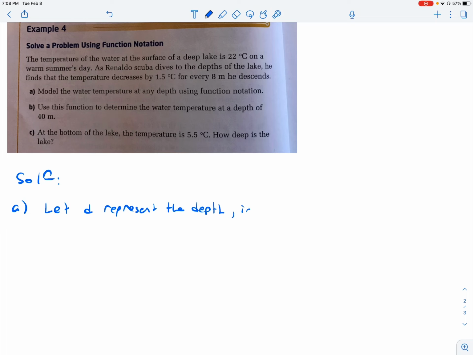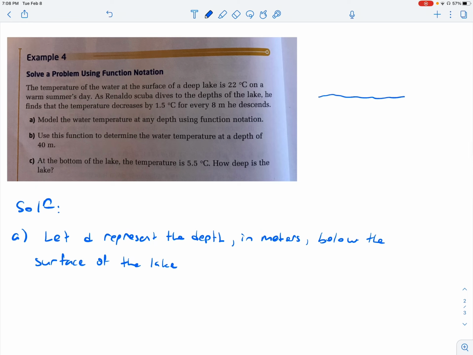And that's going to be measured in meters, below the surface of the lake. So let's say this was the lake here. D measures downwards from the top of the surface of the lake.